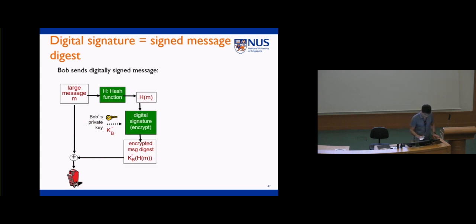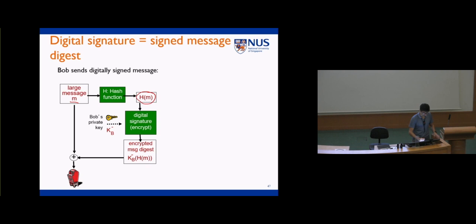So instead of signing the message directly, instead of encrypting the message directly with the private key, we instead take the hash of the message, compute a digest out of the message, and then we encrypt that digest with the private key. So this is the encryption protocol. We have a message, and we apply hash function on the message and obtain this digest.